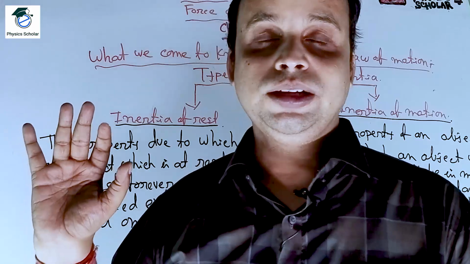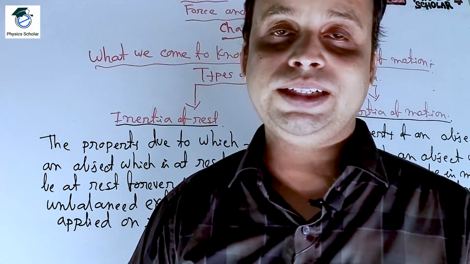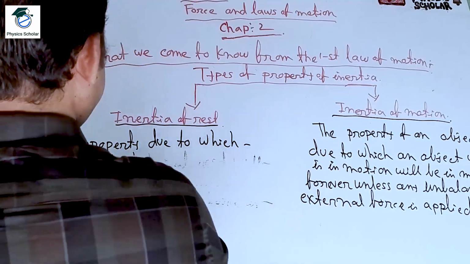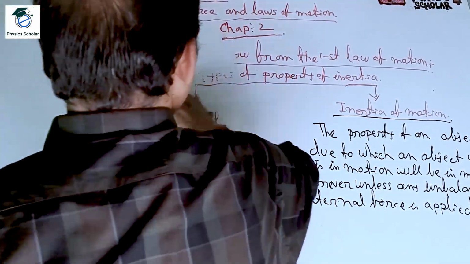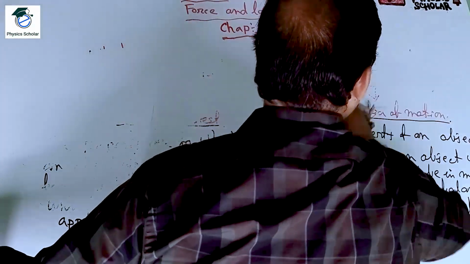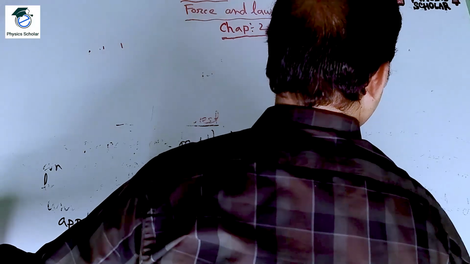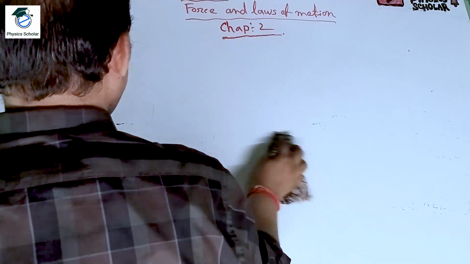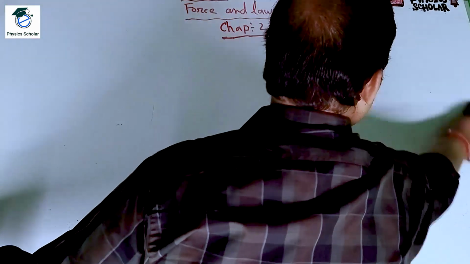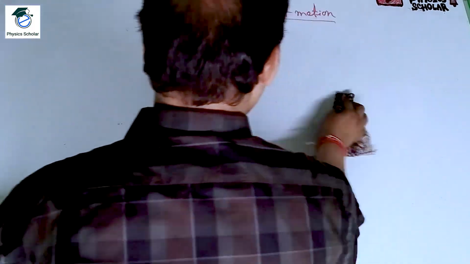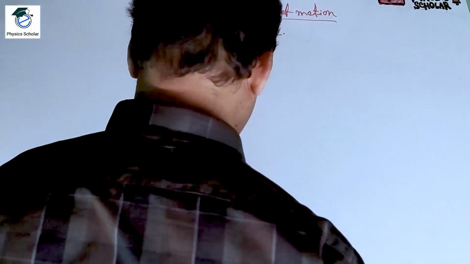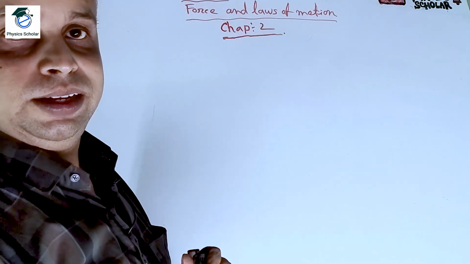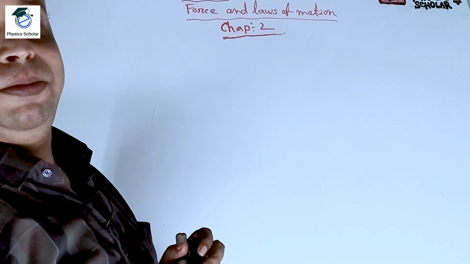Now the practical examples of inertia of rest and inertia of motion. Suppose we are standing in a bus which is at rest. Suppose the bus starts moving, then what will happen? We will lean backwards.